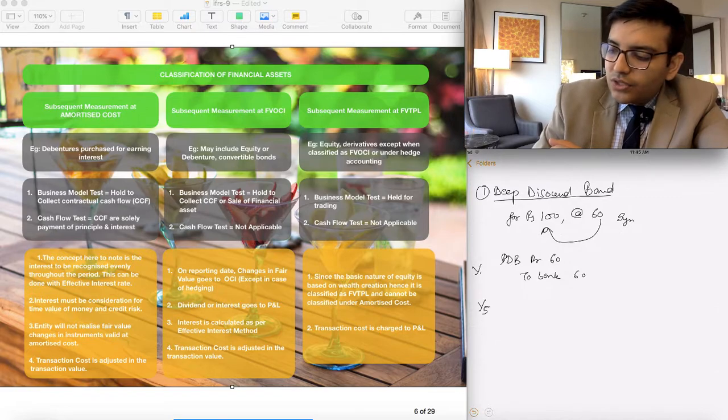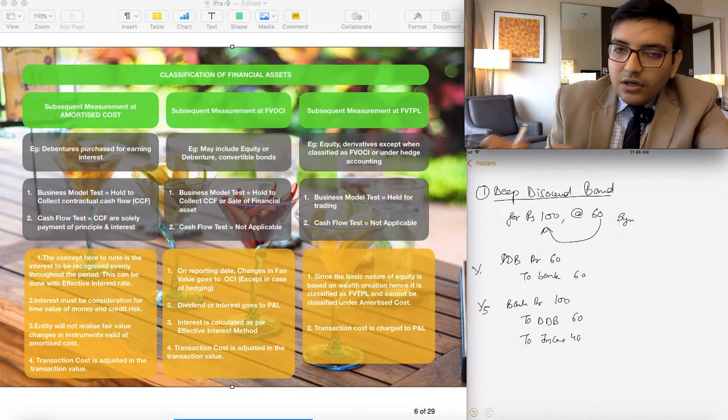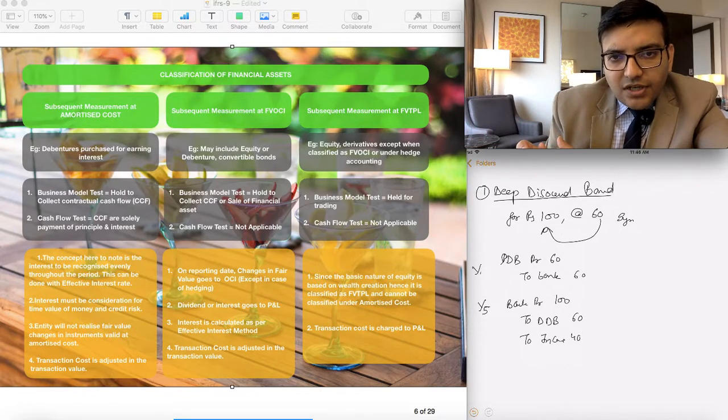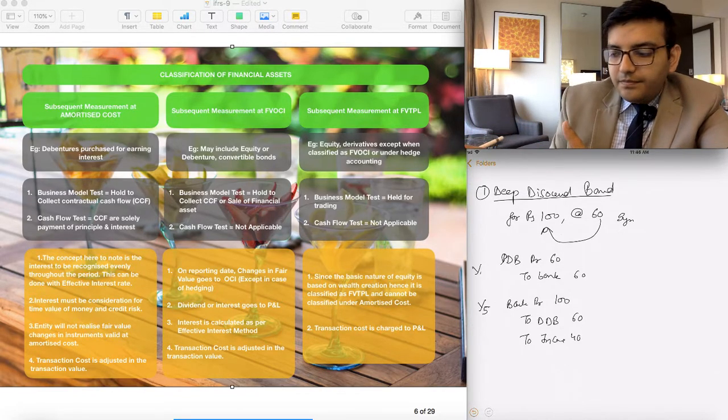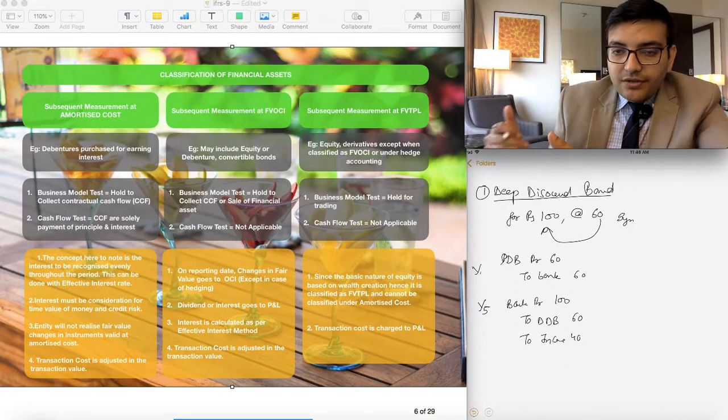In year 5, we debit bank 100 because we'll receive 100 rupees, credit deep discount bond 60, and credit income 40. This was being done previously because we were not accruing the income year wise.